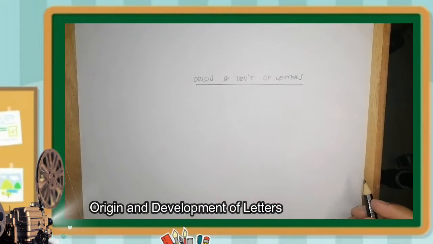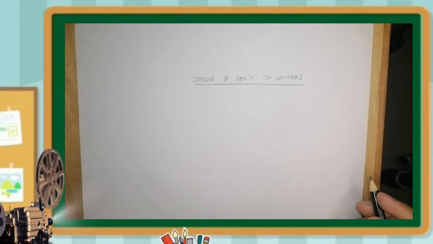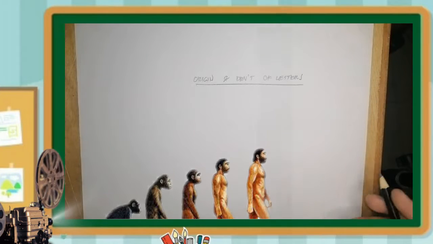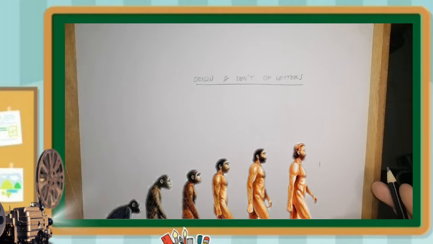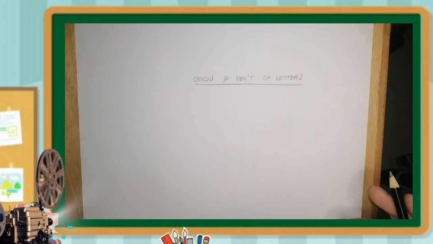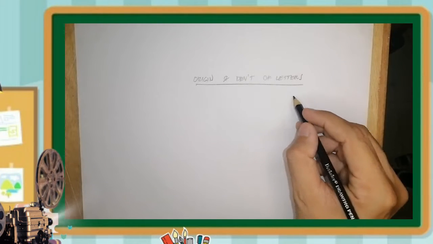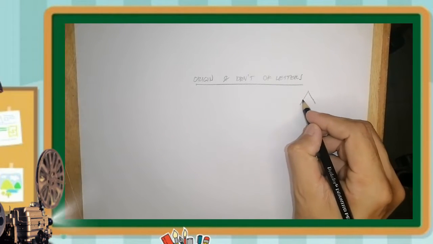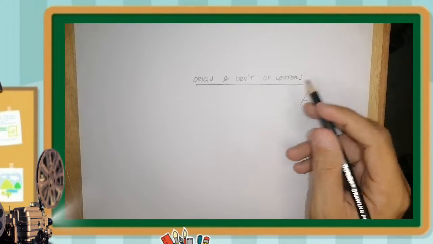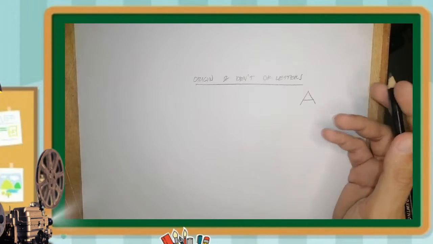So just like the human beings, letters also undergo a series of evolution. Okay? So for this origin and development, let us try to have a comparison of letter A. Ano ba yung itsura ng letter A during the previous era?